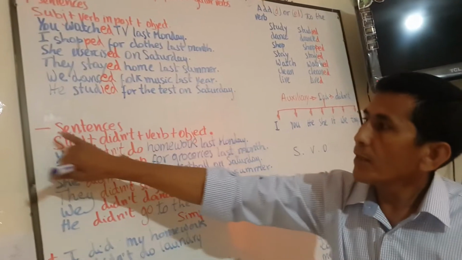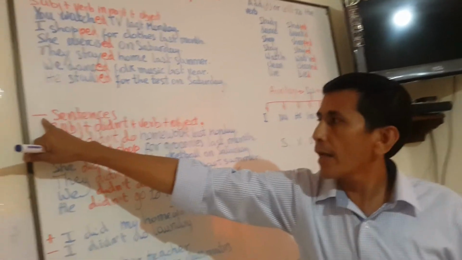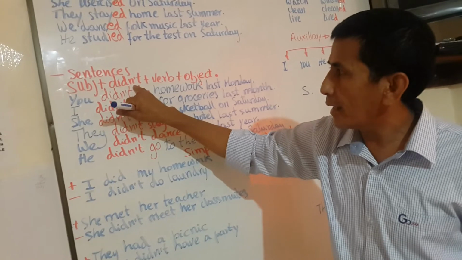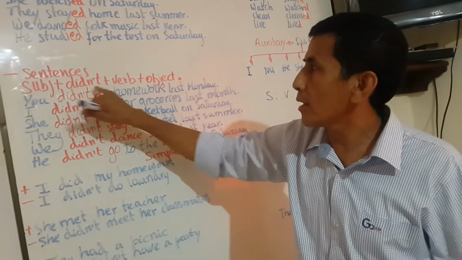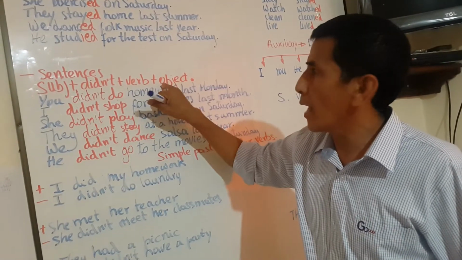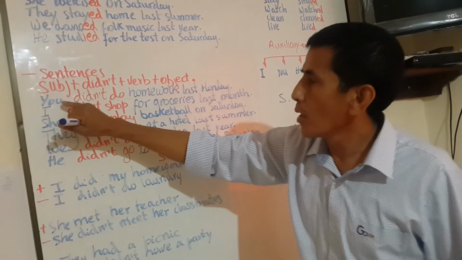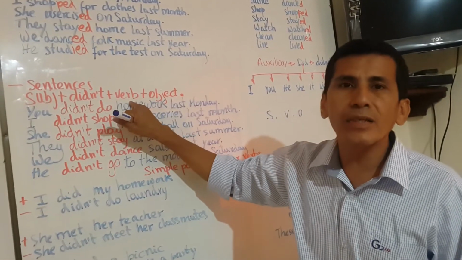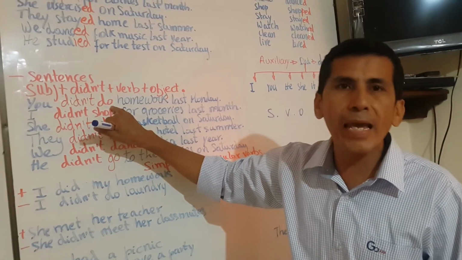And now we have the negative sentences. Negative sentences are going to use subject plus didn't, which is the negative auxiliary, plus verb plus object. For example, you didn't do homework. Pay attention that the verb is in the base form.